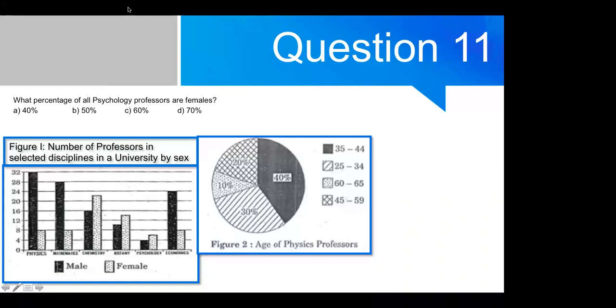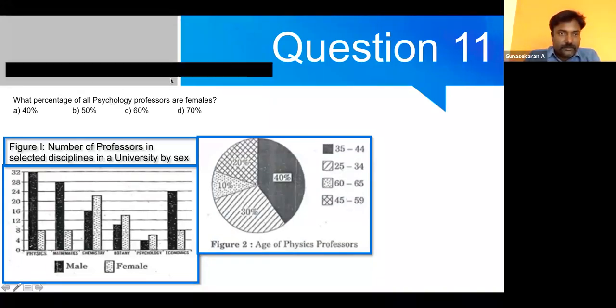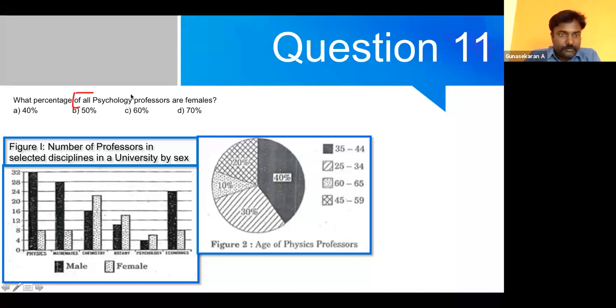What percentage of psychology professors are females? Okay. Total psychology, in that females is how much percentage? Psychology: 4 plus 6, overall 10.